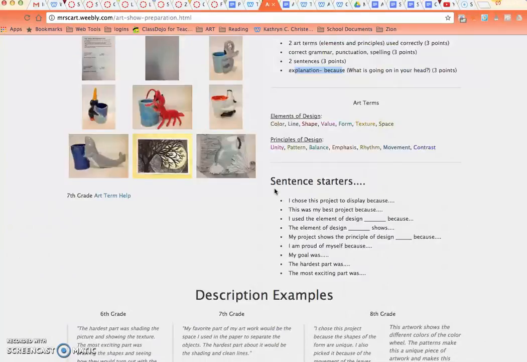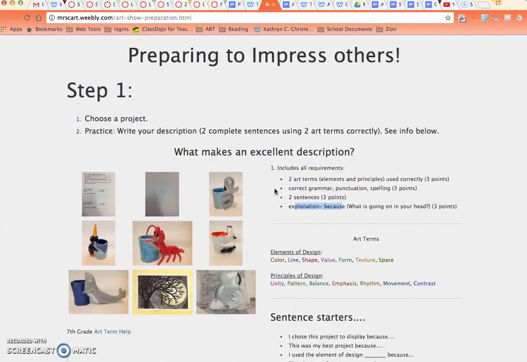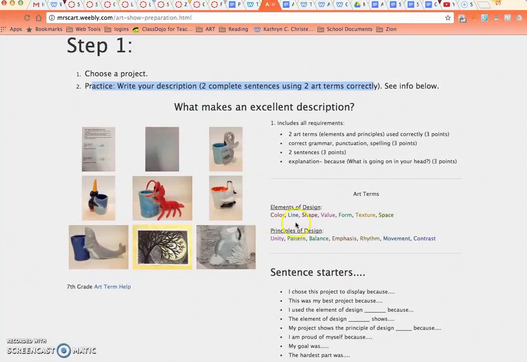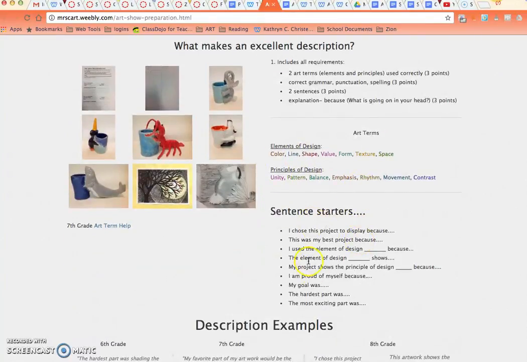Okay, and so today for this, you need to choose a project, practice writing your 2 description sentences using 2 art terms, do the requirements, and use the art terms. Use the sentence starters. You can use the art term help.